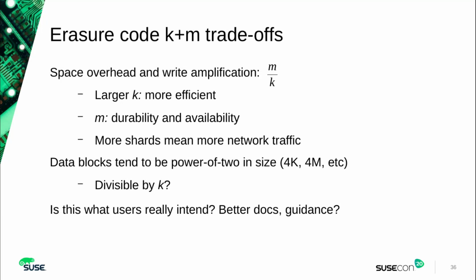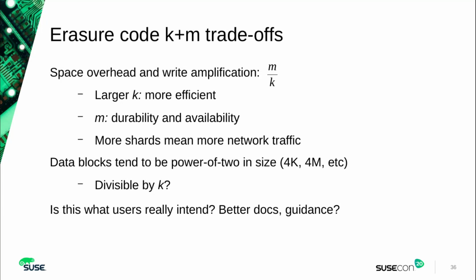So larger k values tend to be more space efficient, and larger m values improve durability, availability, and reliability of the cluster. At the same point in time, K+M in total affect the number of chunks that we need if we have to reconstruct data, at least for Jerasure, which is the most common algorithm.